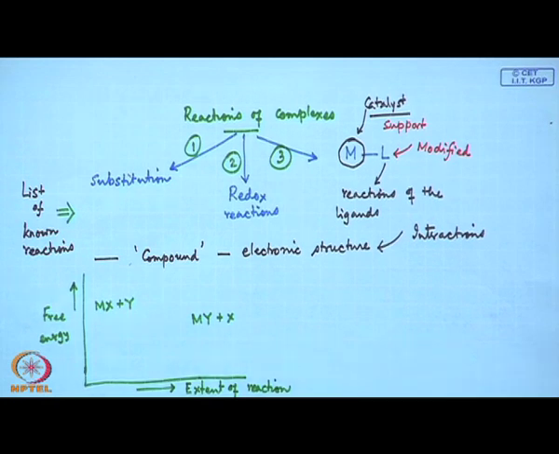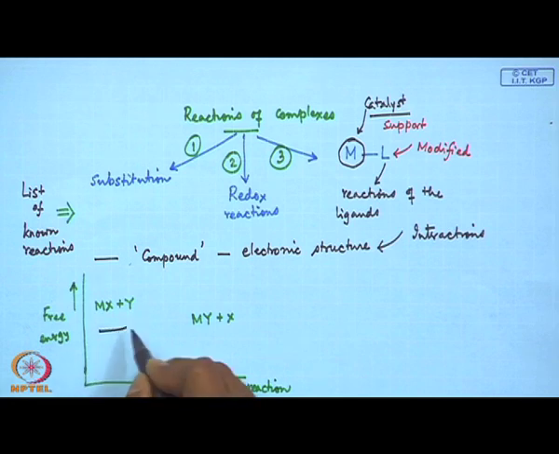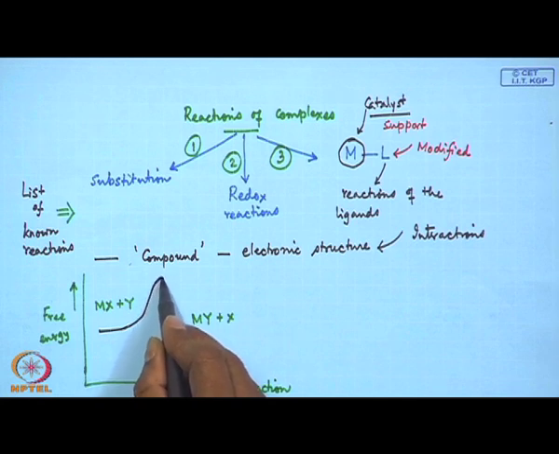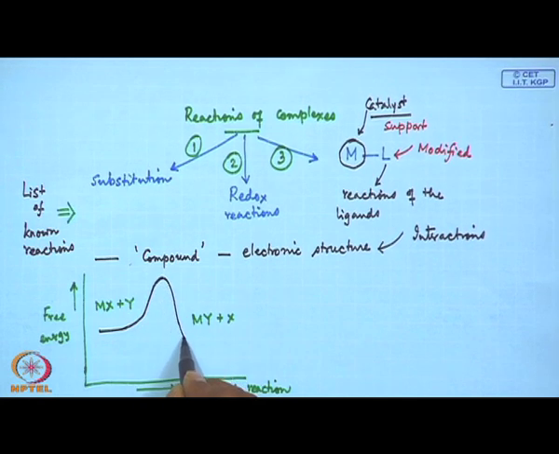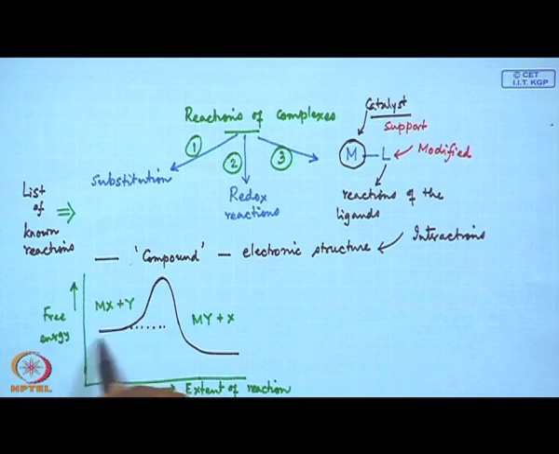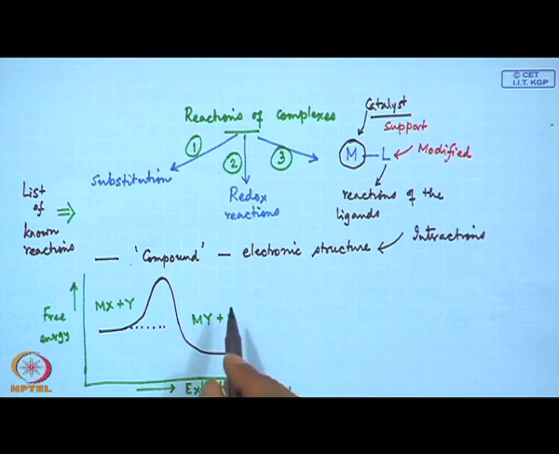So, if we find the extent of reaction, we get this change only if we have the corresponding potential energy profile or potential energy surface for this reaction, which is like this. So, MX plus Y is interacting, which is here in terms of its free energy. We will be gaining some free energy change, the free energy change will be negative and the reaction would be spontaneous. So, from this free energy axis we have some gain and we are getting this particular product.